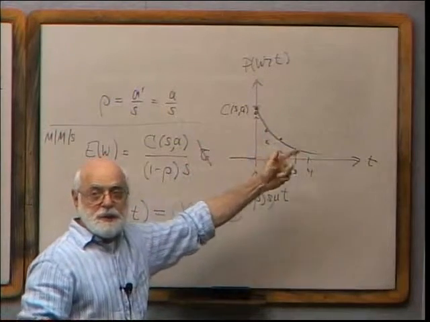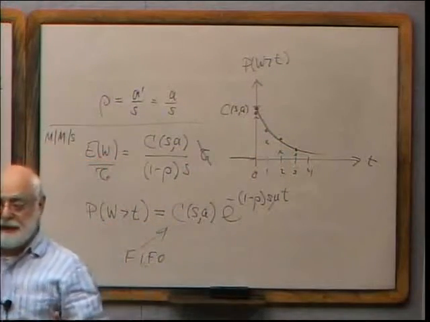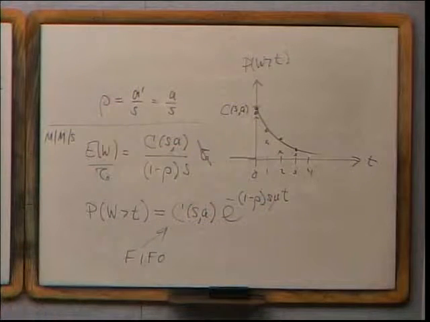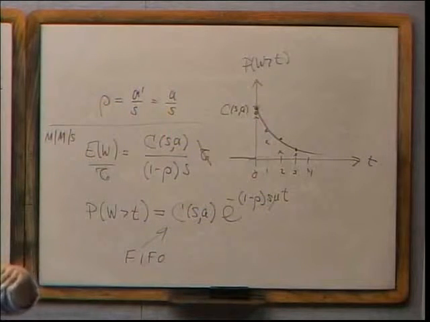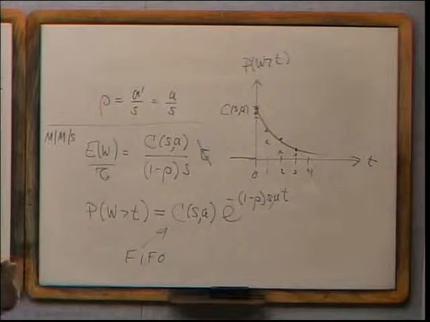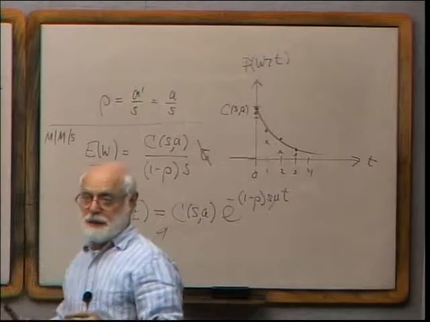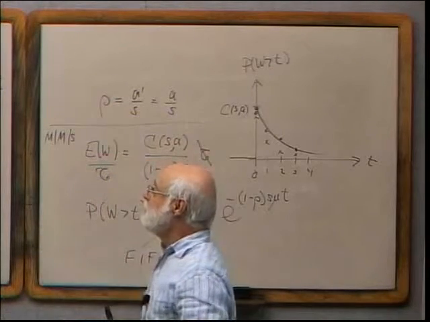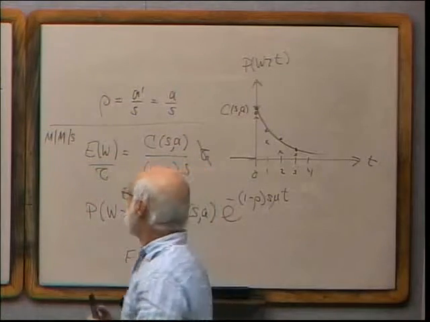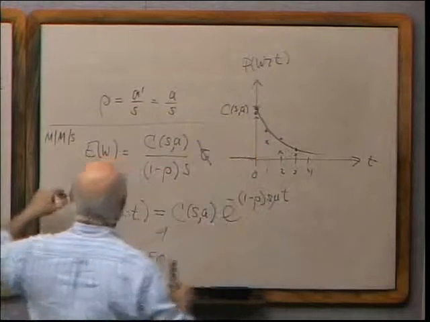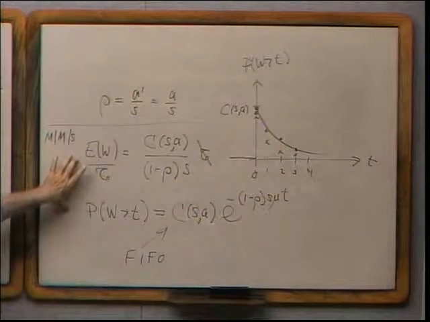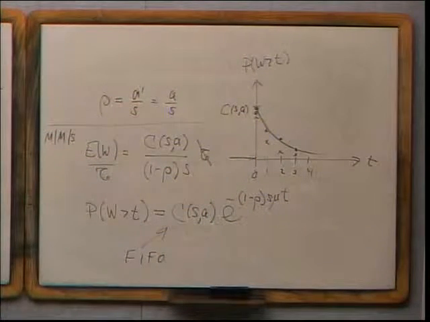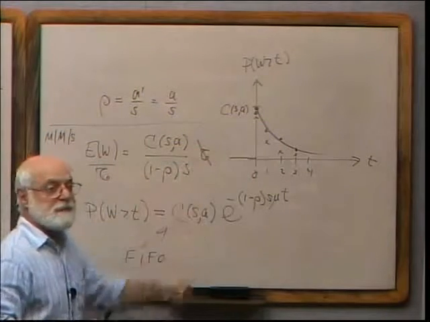So this is an illustration of the fact that although the Erlang loss model is insensitive to the distribution of service times, the Erlang delay model is not. This will show it to you because the values that you get from the simulation will not be the same as the values you get from these formulas, which assume that you have exponential service times. So this will give you an example of how much difference there is, at least in this case.